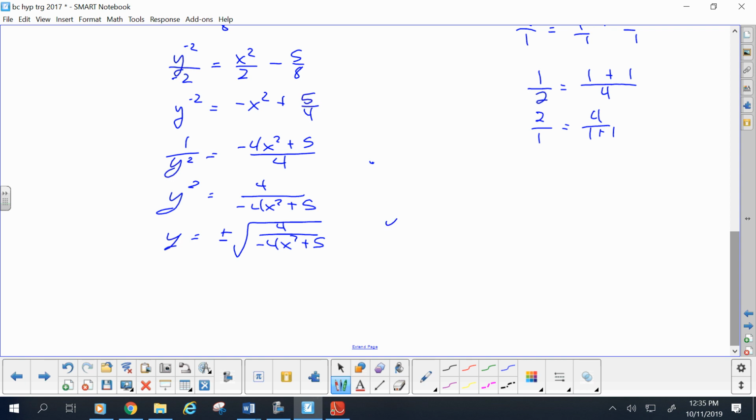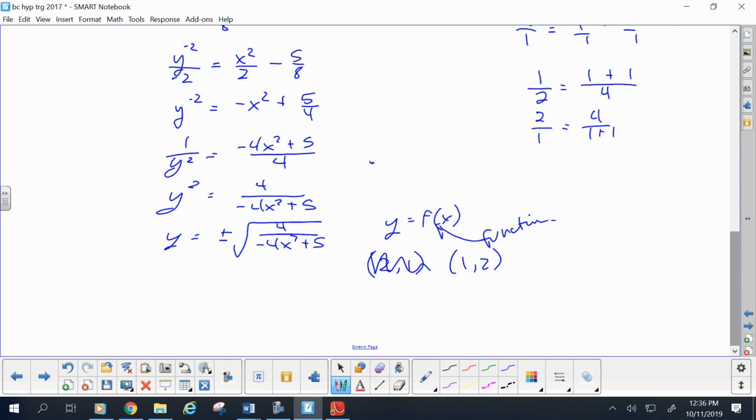If they say find y equals f of x, then you want a single function. This is not a single function. This is two different y's when you put in an x. You can't do that. You have to choose one. Now, if they tell me I'm supposed to get the point 1, 2, then surely when I put in an x of 1, it's got to be 4 over negative 4 plus 5.